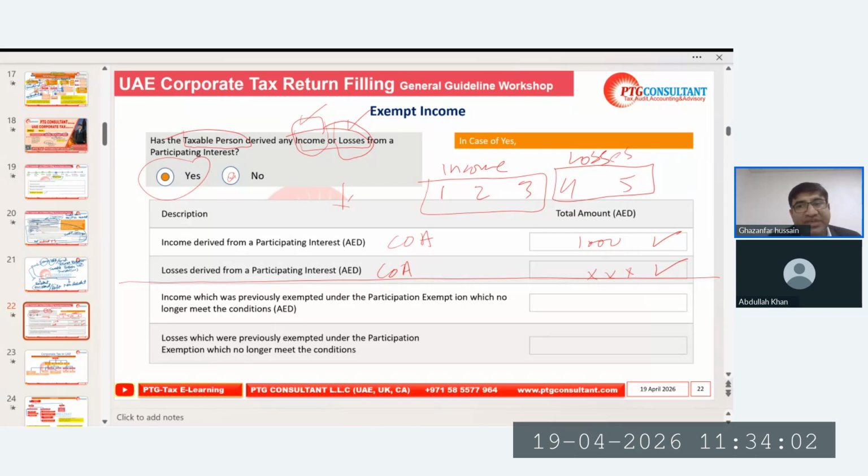So now the other point that is highlighted over here: as we mentioned, the PI, participating interests, have certain associated conditions. If we meet the conditions, then you will get the exemption. One of them is that you must keep your investment in the PI for 2 years.